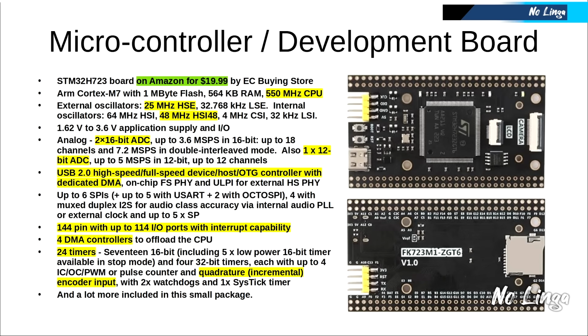Apart from that, it has 4 DMA controllers and 24 timers, and this is the very important part of what we're using, because we have 7 encoders, which are based upon 4 encoder knobs. This is using the quadrature incremental encoder input setup that I will go over in the upcoming videos to show you how I got it to work.